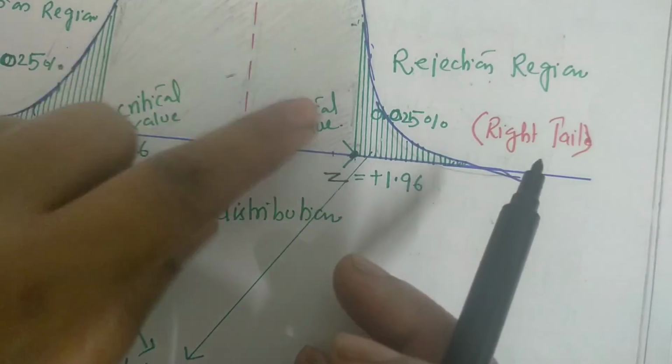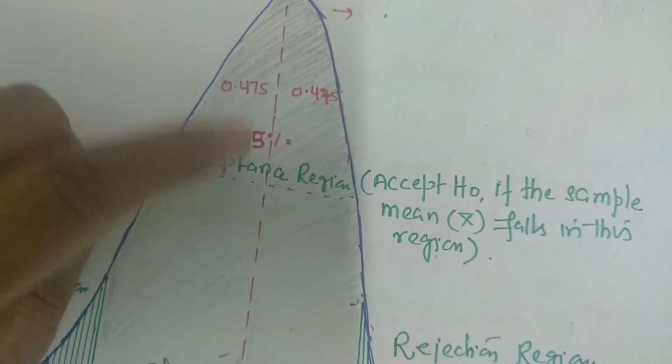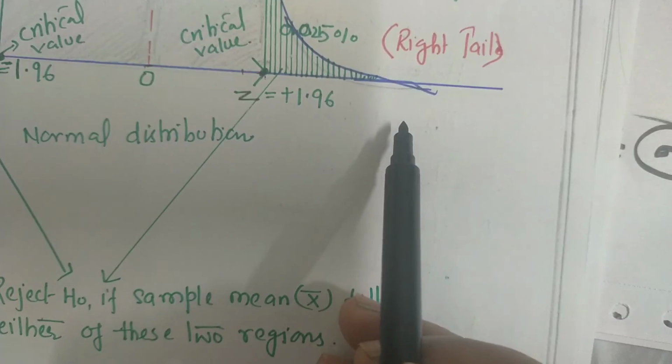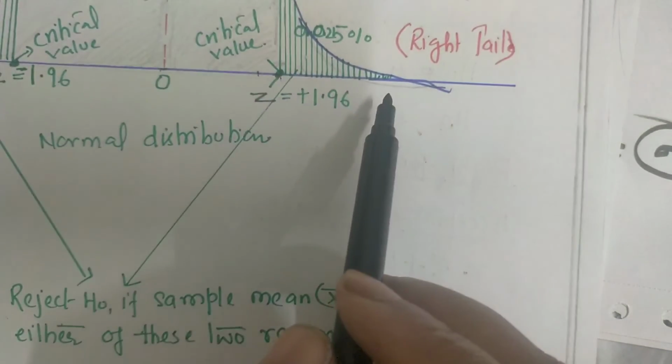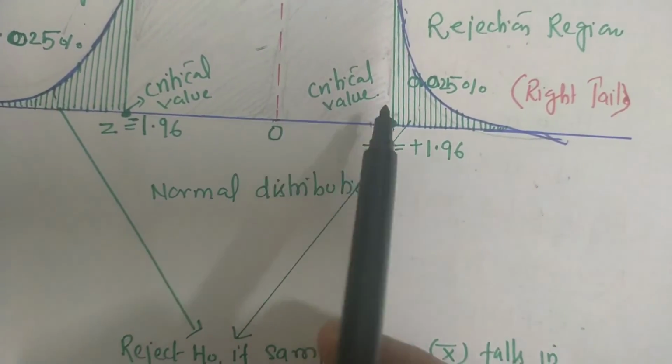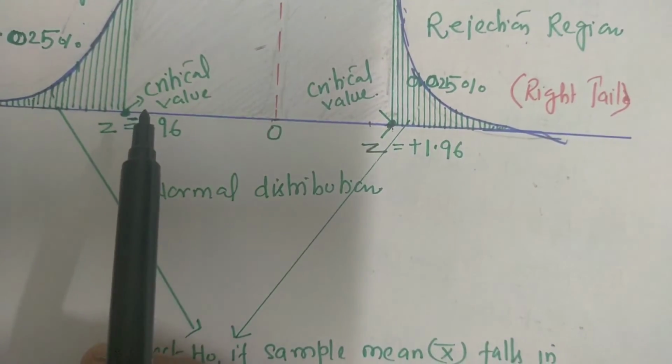So this is your acceptance region, because if it comes after 1.96, then it is the rejection zone, but 1.77 is on this side, the acceptance side.